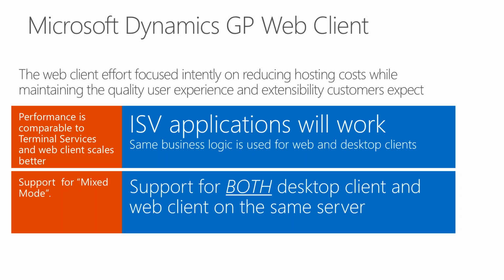A very important point right next to that: the way GP 2015 has been architected, the process of creating a new window is the same for creating a desktop version or a web client version, which means that anything the ISV community is developing will work equally well in either environment, and there's no additional development cost for them to do it one way or the other. The only real difference is in what we call the presentation layer, but the same business logic and structure underlies both of them. This leads us to a world where you can do both.